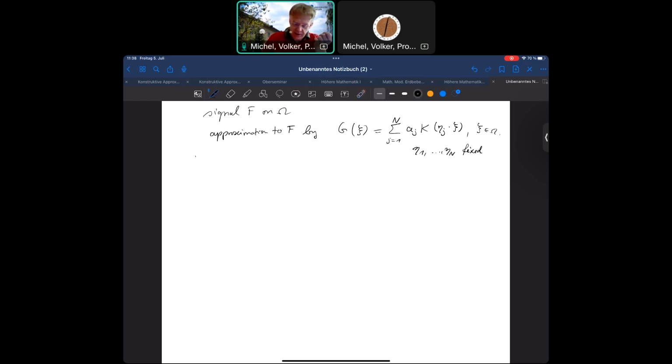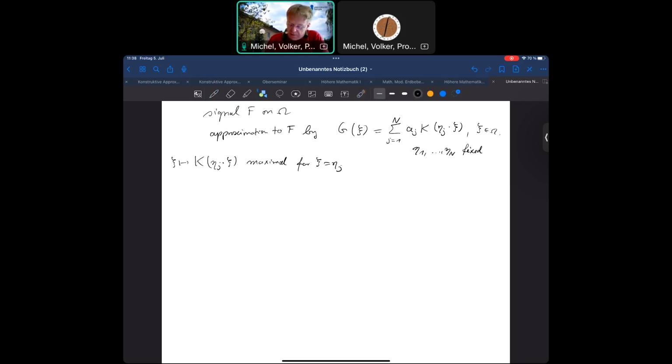So let me write that down. K of eta j times xi as a function of xi is maximal usually for xi equals eta j. So we have N basis functions for representing our approximation, and for every basis function, we know it's maximal at its particular fixed point eta j.